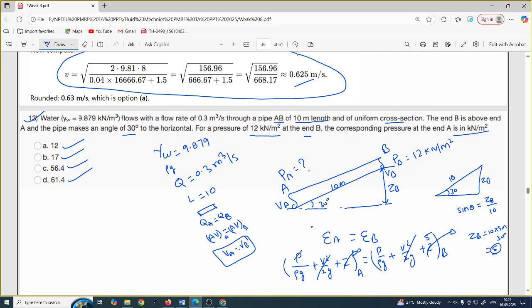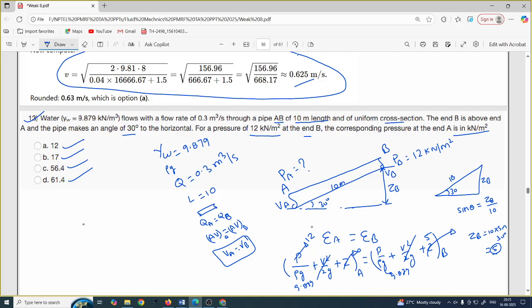The pressure is already given as 12, and rho g is given as 9.81, here also. So you know everything. Here is a 5.